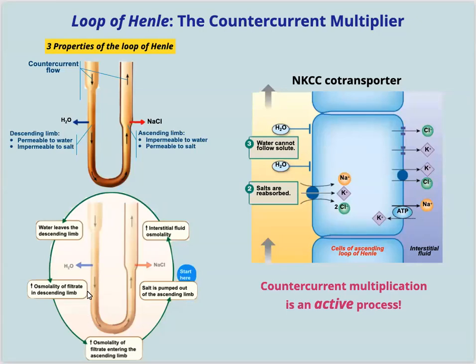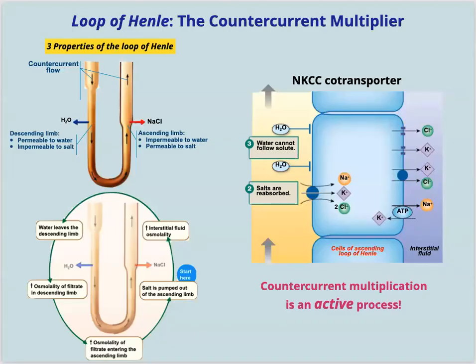And that increases the osmolarity of the filtrate entering into the descending limb. And that gradually, progressively saltier filtrate makes it easier for more salt to then be extruded in the ascending limb again. So this is a positive feedback cycle.